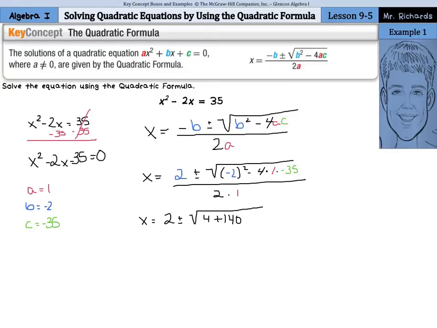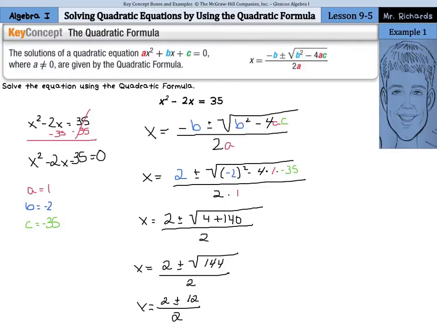That's going to be divided by 2 times 1, which is 2. So x is going to equal 2 plus or minus the square root of 144 divided by 2. Now the square root of 144 is 12, so x equals 2 plus or minus 12 divided by 2.